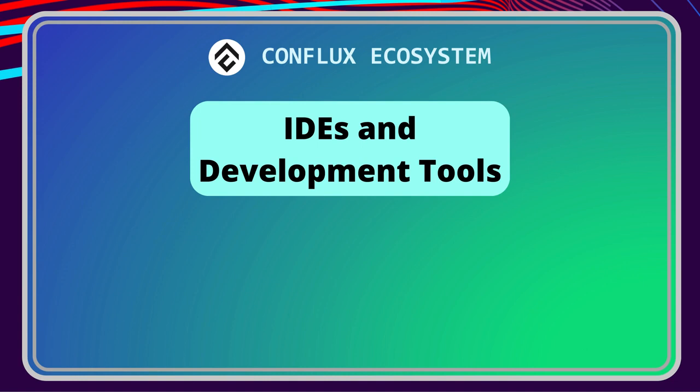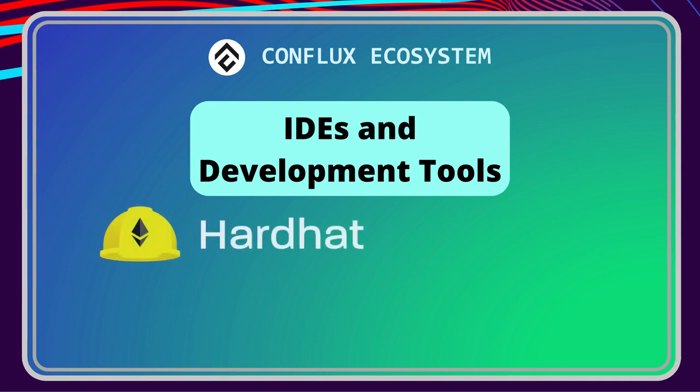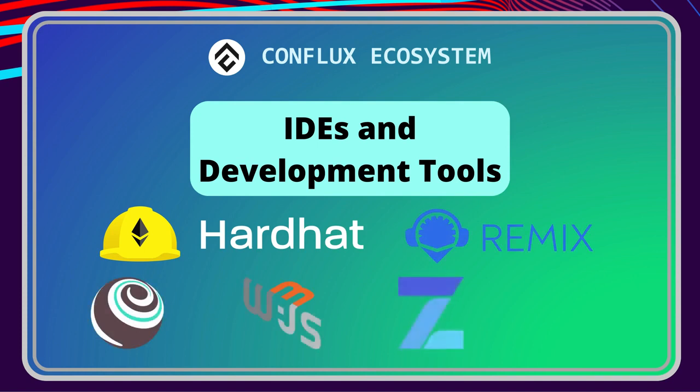While in eSpace, there is a wide range of tools. You can use most of the tools people use to develop on Ethereum or any other EVM-compatible network. So you have Hardhat, Remix, Truffle, Web3, and of course OpenZeppelin. Recently we got integrated by Thirdweb, for example, which is also a great tool.